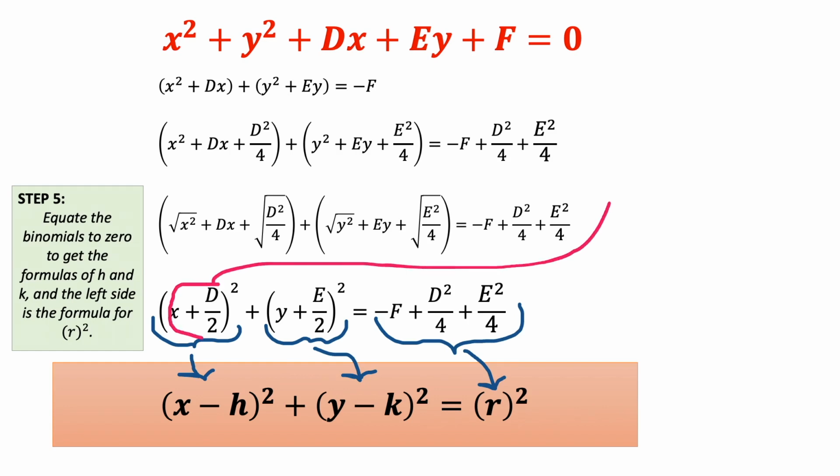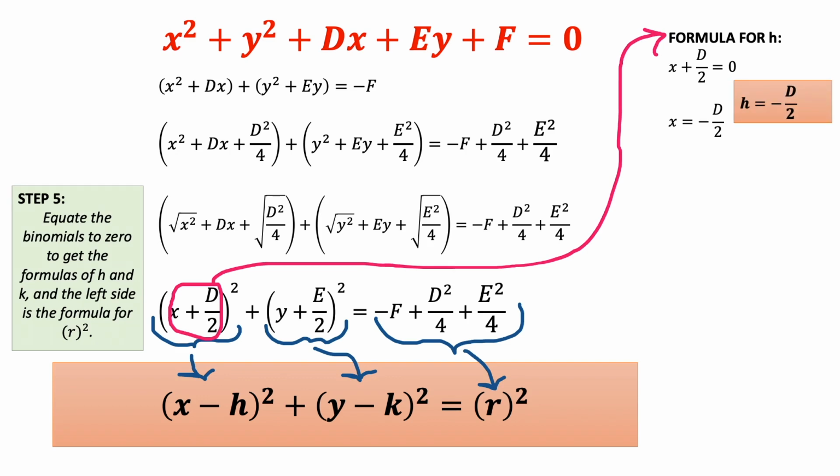I will get the formula for h here by equating x plus d over 2 to 0. Then, moving d over 2 to the other side of the equation will give me negative d over 2. Therefore, the formula to find the coordinate h is negative d over 2.